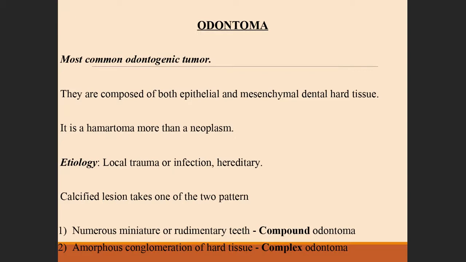But you can see enamel, dentine, cementum, and all that. So there is no proper morphodifferentiation. That is, if you recollect your tooth development, it's not only the histological tissues that have been differentiated; the proper morphological differentiation has not taken place.